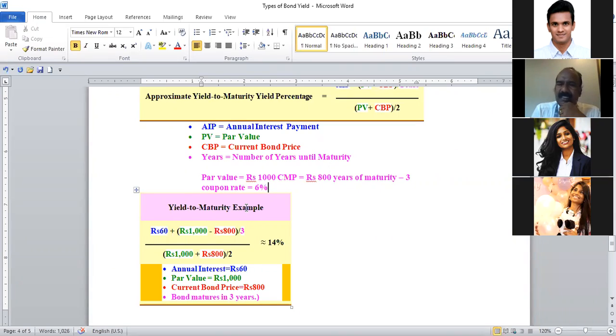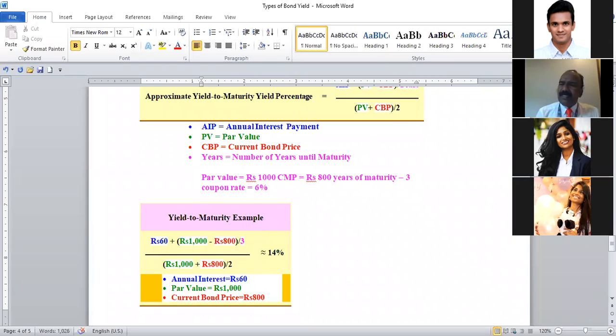60 plus par value of the bond, which is 1000 minus 800, divided by 3. So 1000 minus 800 is 200, divided by 3.